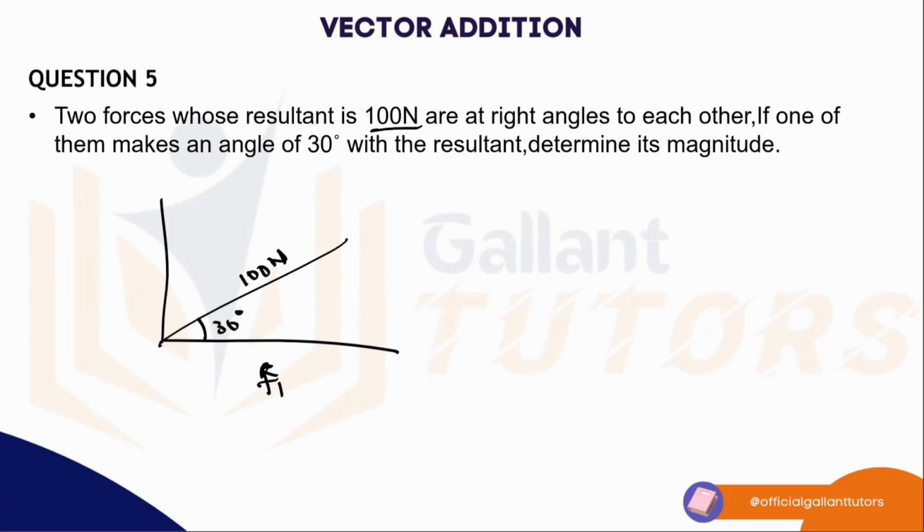When I'm asked to determine the magnitude of this force, so they're asking us, hello physicists, what is the magnitude of F1? Okay, this is very straightforward. This is what? Hypotenuse. This is adjacent. Adjacent, hypotenuse, we have cos, right?